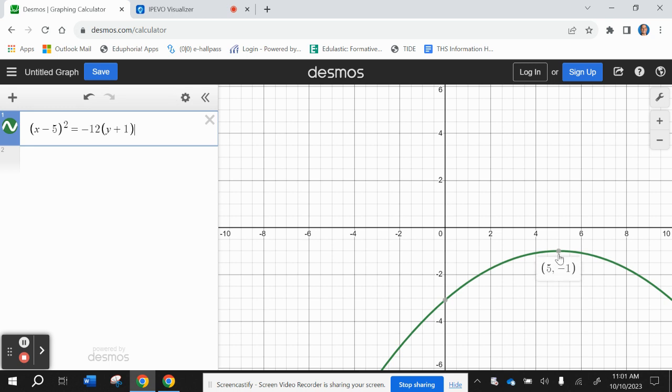All right, our vertex is, it looks like 5, negative 1. And then a point, that doesn't look like a good point. We need to go points. Negative 1, negative 4.